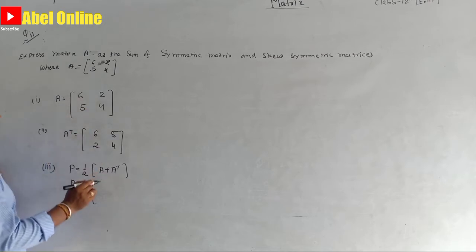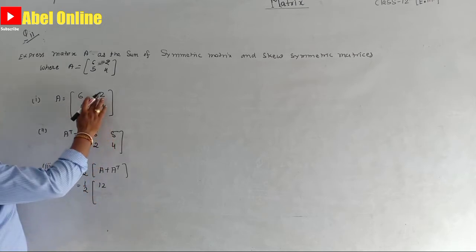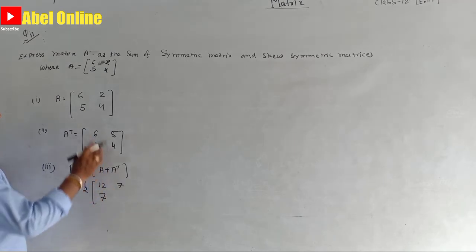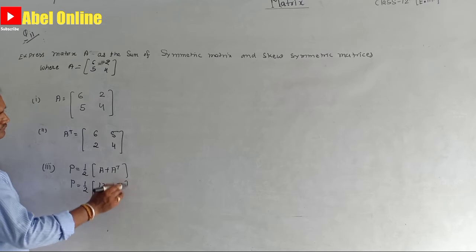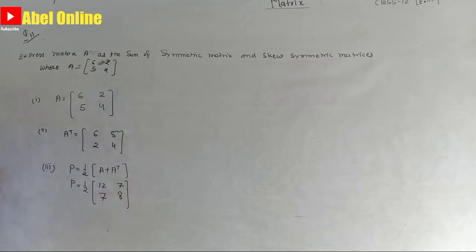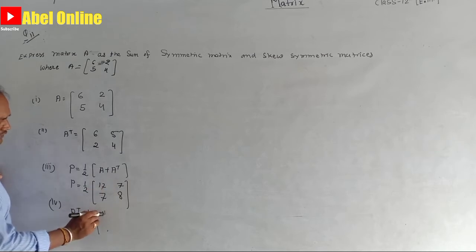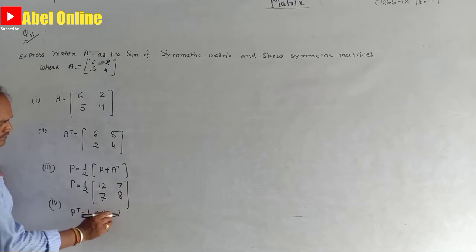So 6 plus 6 is 12, 5 plus 2 is 7, 5 plus 2 is 7, and 4 plus 4 is 8. So students, this is P. Now what about the next step, that is P transpose. P transpose is just converting rows to columns. So it is 12 7 and 7 8.